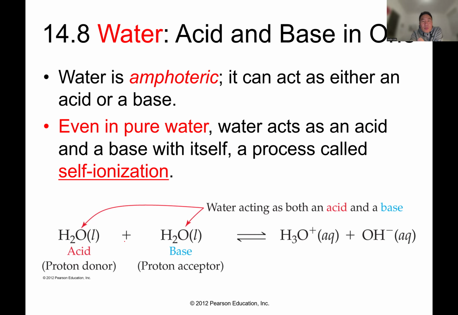So water is amphoteric. It can act as either an acid or a base. Even in pure water, water acts as an acid and a base with itself, a process called self-ionization. When you see the equation, 1 mole of water reacts with 1 mole of water to generate 1 mole of hydronium ion and 1 mole of hydroxide.